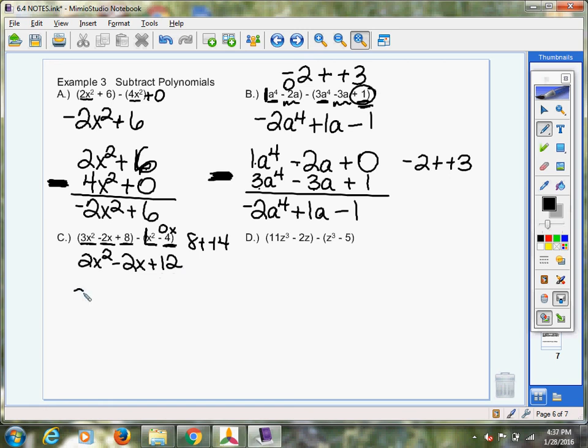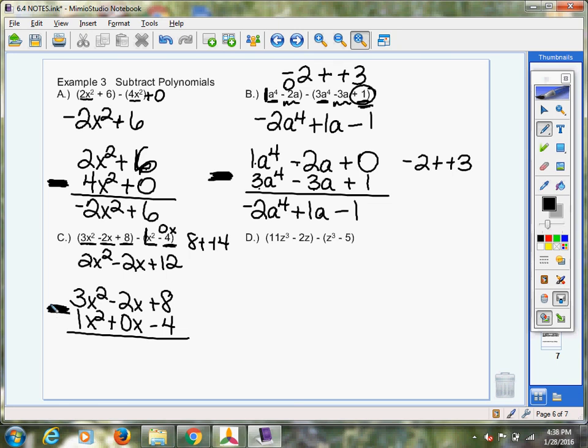If you choose to stack, then you're going to line up your like terms. So I've got my 1x squared. I don't have an x term, so call it 0x. And then I've got my negative 4 here. And remember, you're subtracting. That's why I make them really big and thick so my eye doesn't automatically assume I'm adding.